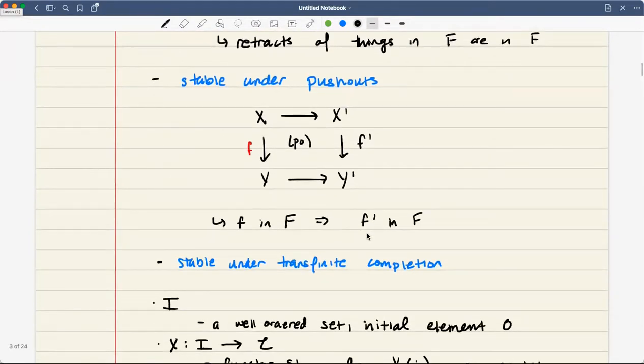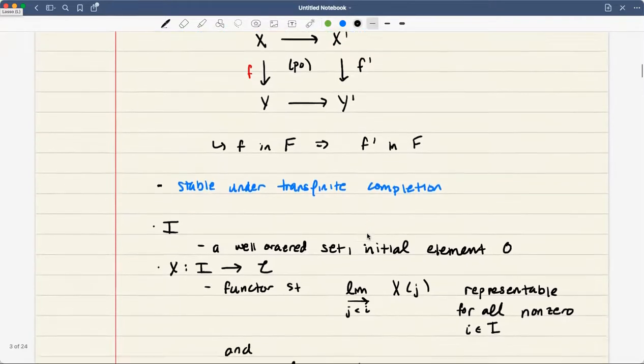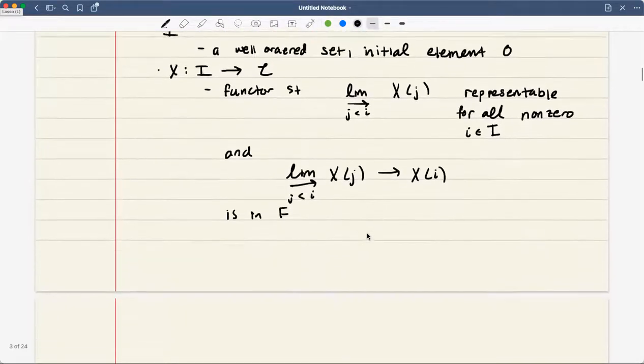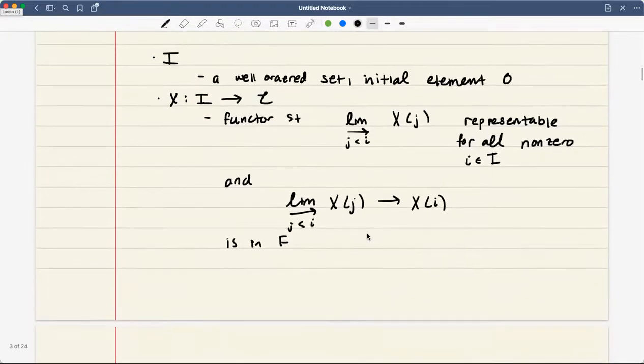You could be stable under transfinite composition and completion, which is another technical thing I was thinking about writing down and going over. The way I think about it is that it is basically trying to make sense of infinite strings of compositions of morphisms.